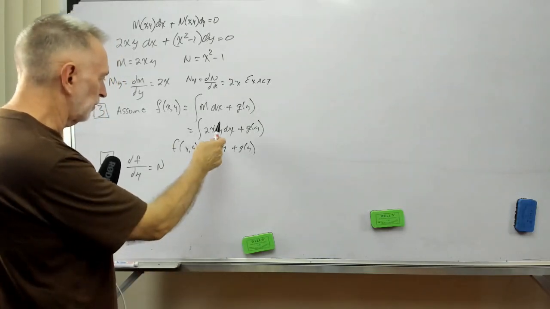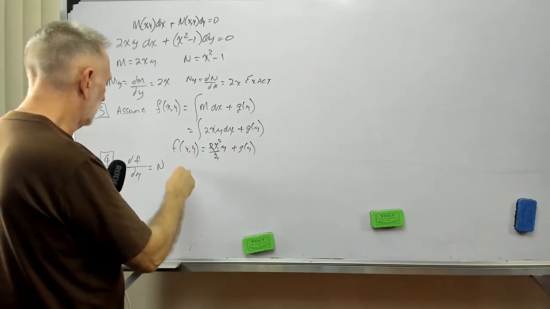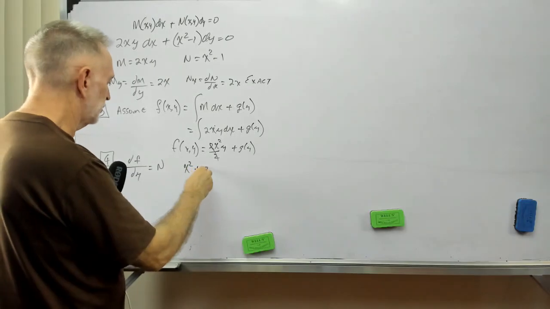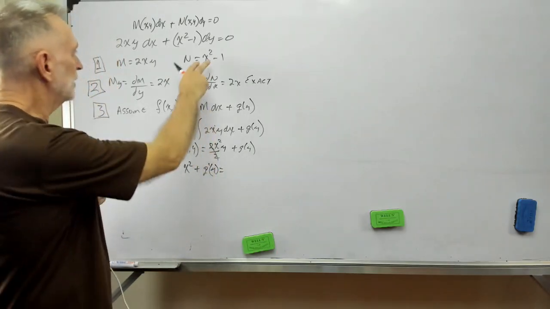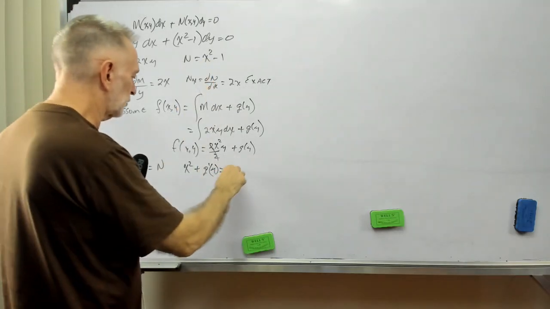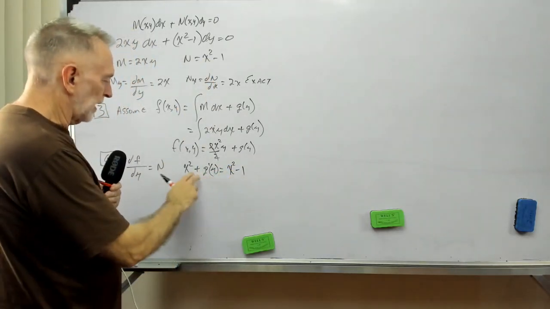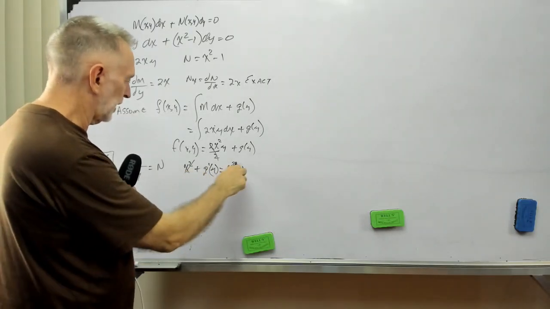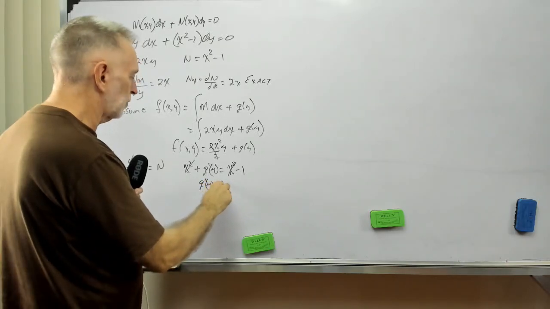All right, the partial of x squared y with respect to y is x squared, plus g prime of y, and that equals N, which is x squared minus 1. So if I subtract x squared from both sides, those cancel, so g prime of y equals -1.